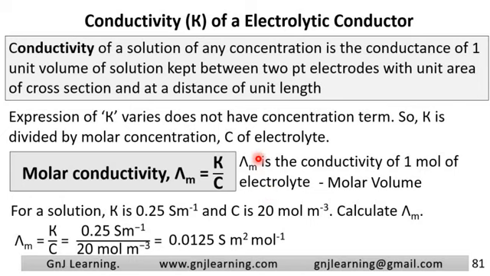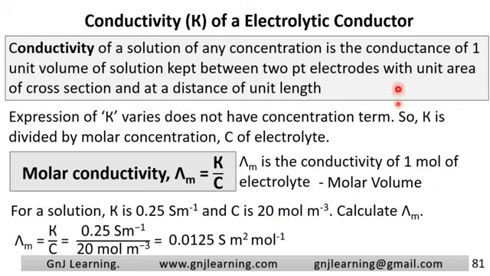Let us again highlight the important things that we have to see here. Conductivity is conductance of unit volume. Unit volume means, as I said in the example, the entire screen, whereas molar conductivity is conductivity of molar volume.